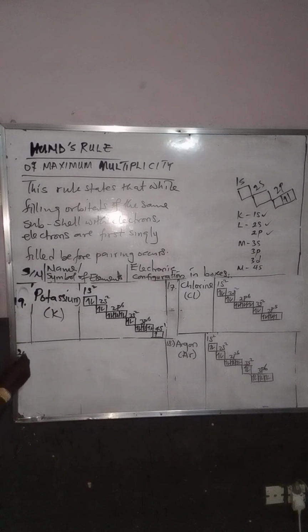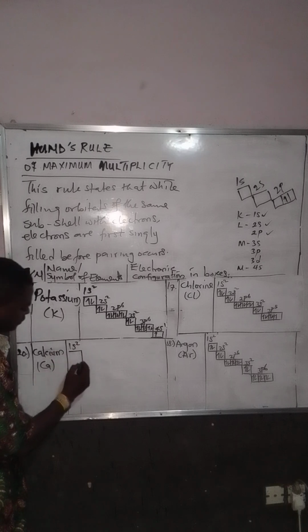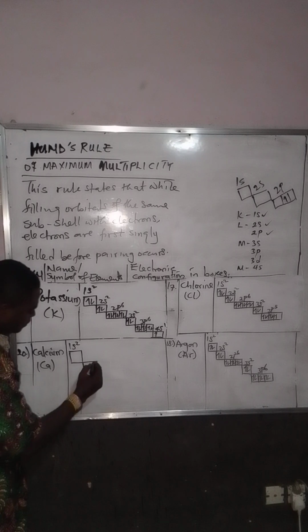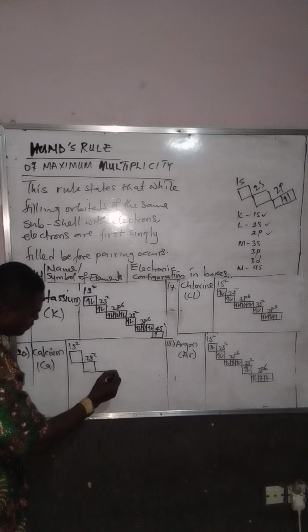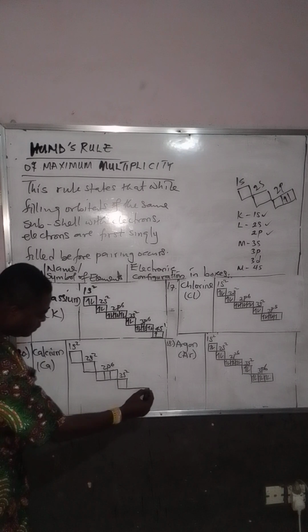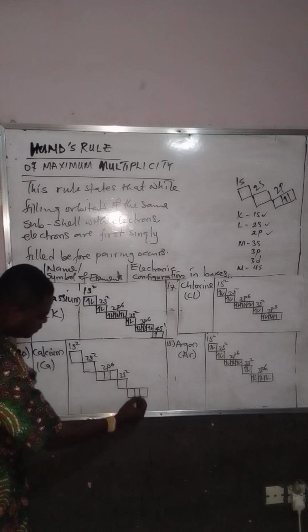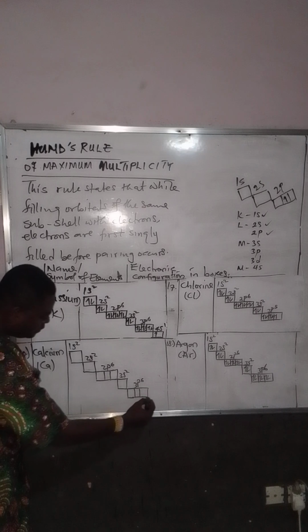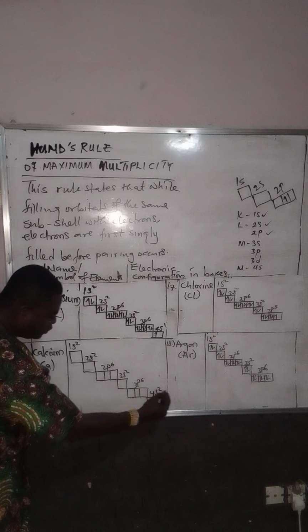Number 20, that's calcium, Ca. So what do I have here? I have 1s2, 2s2, 2p6, 3s2, 3p6, and 4s2.